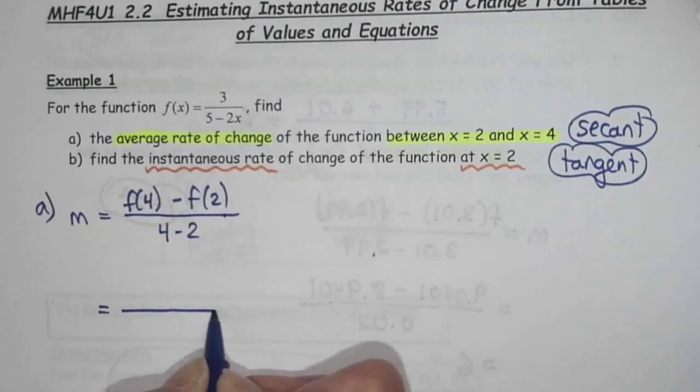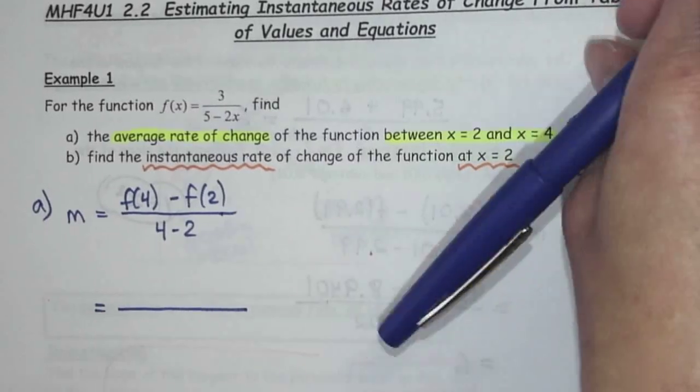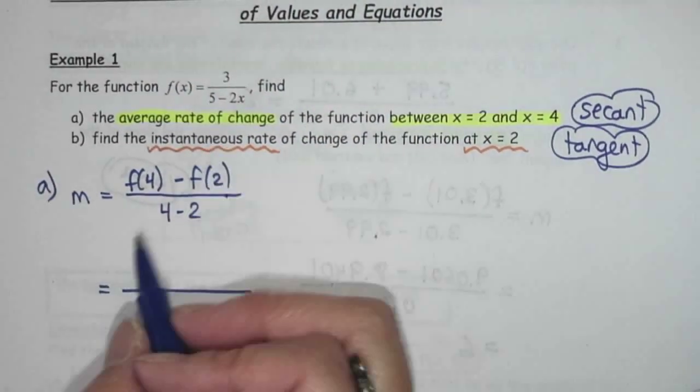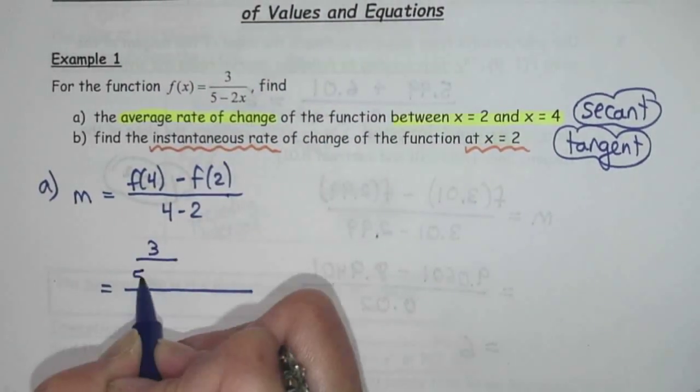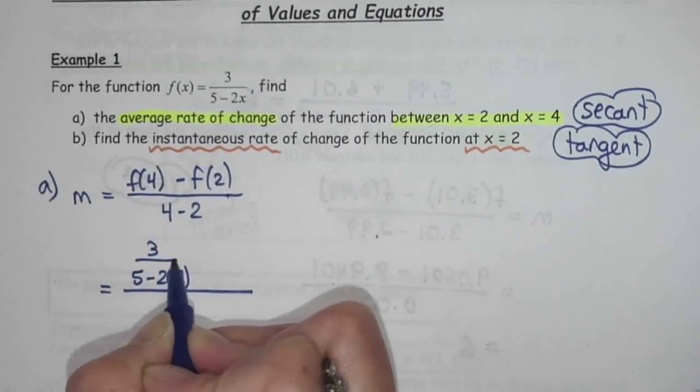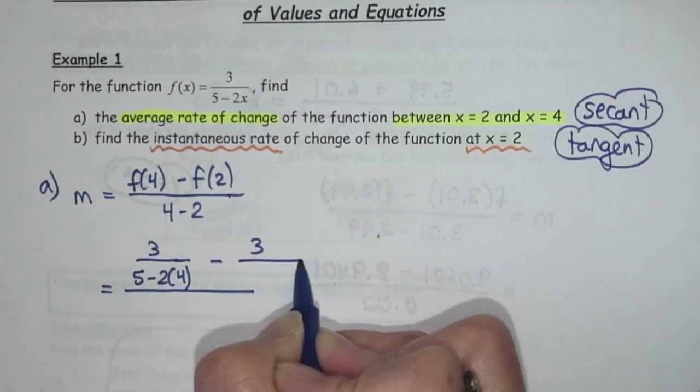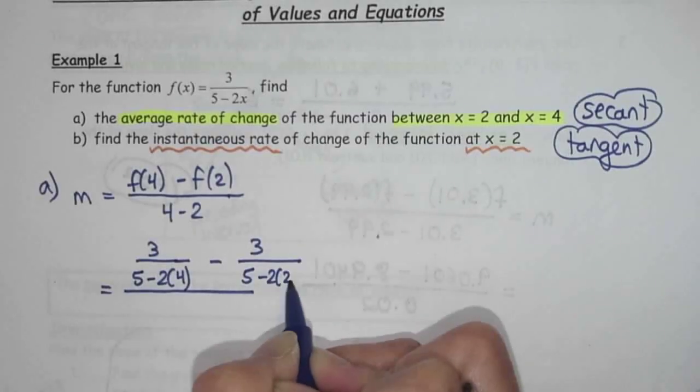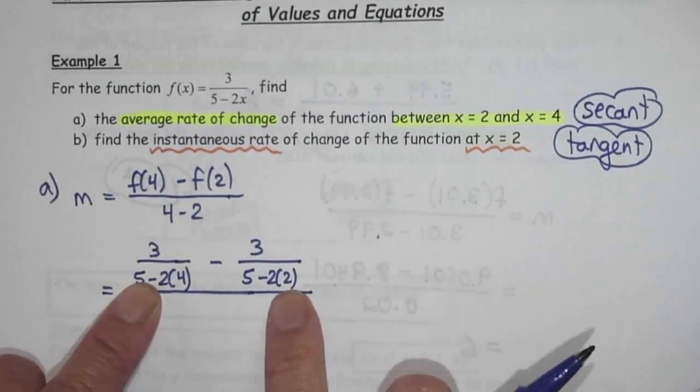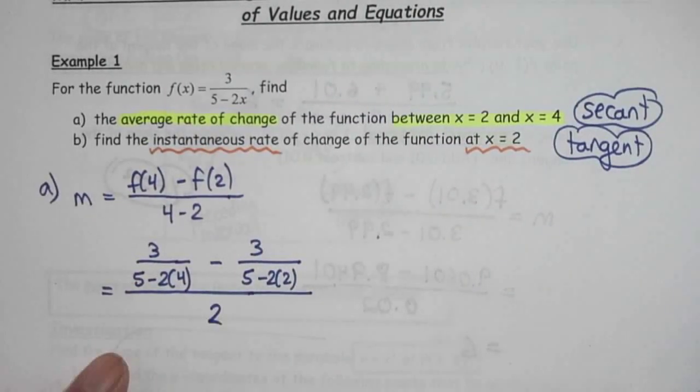I have to make a bit of space here because I have to do a fraction on a fraction. So we're going to do 3 over 5 minus 2 times 4, minus 3 over 5 minus 2 times 2. I just plugged in 4 here, 2 there, and on the bottom I have 2.